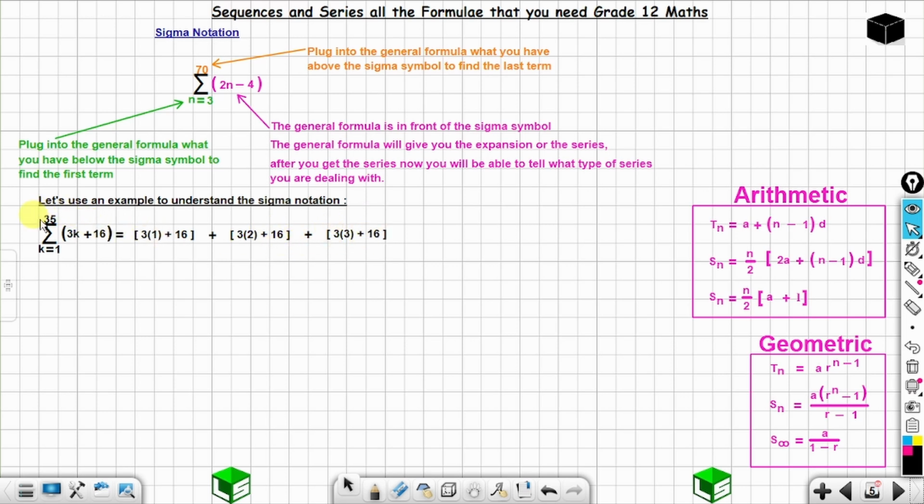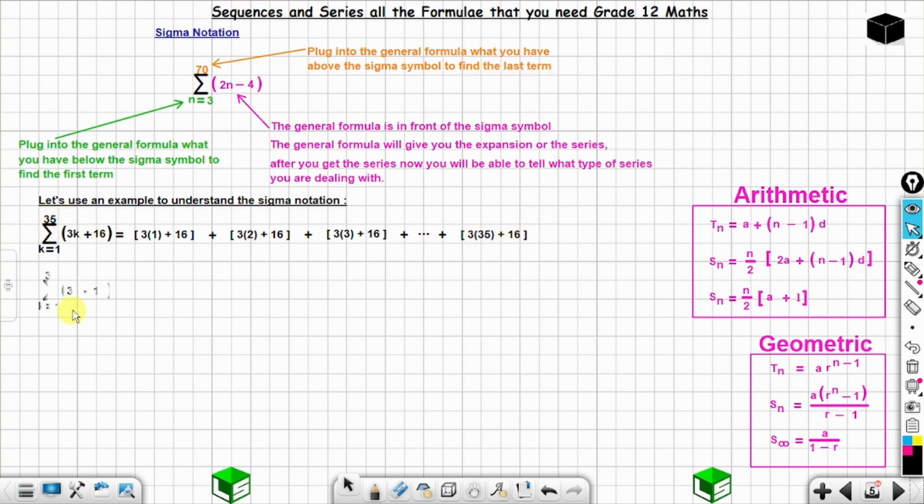Let's find the last term. So plus, you have terms in between, plus. Now the last term, you are going to plug 35. Plug into the general formula what you have above the sigma symbol to find the last term. You have 35. You are going to plug 35 into the general formula so that you have your last term.